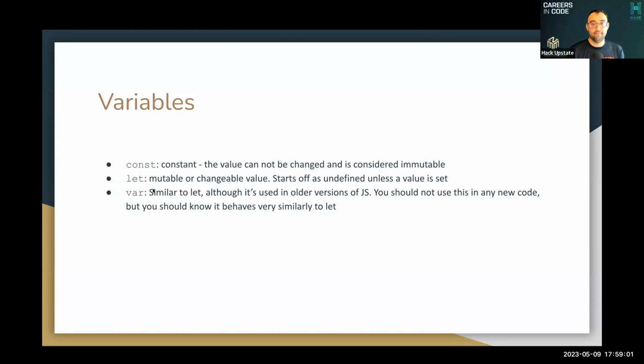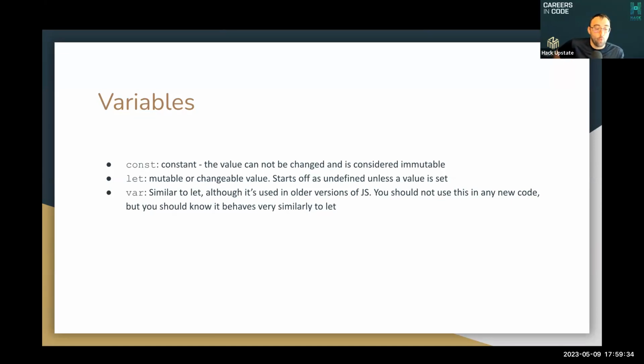We also saw variables. We saw const and let yesterday. Const meaning constant, that we can't change it. And we also saw let, right, which is that mutable value. That just means that we can change it. What we didn't talk about yesterday is var. For the first 20 years of JavaScript's life, var was the only way to declare or make a new variable in JavaScript.